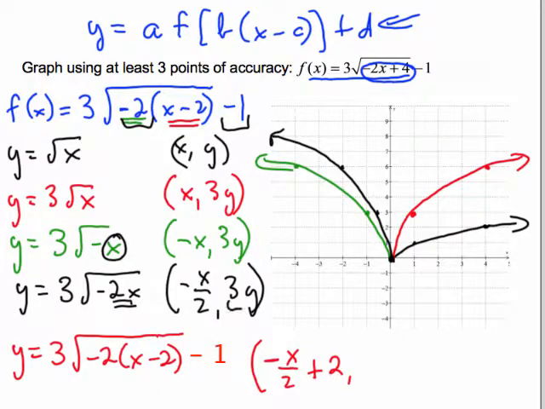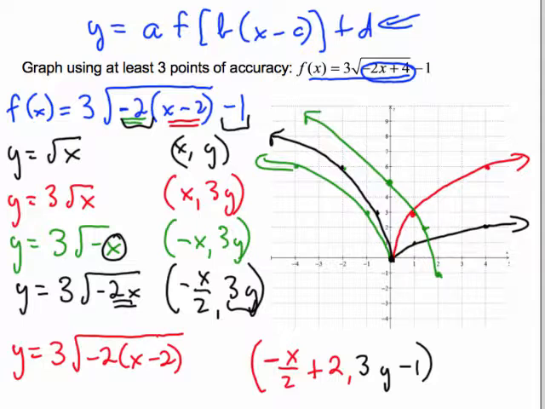It causes our y values to lose 1 unit. And so my black graph here, 2 units over 1 down, lands me here. 2 units over and 1 down lands me there. And this point, 2 units over and 1 down lands me there. And my graph is a curve like so.